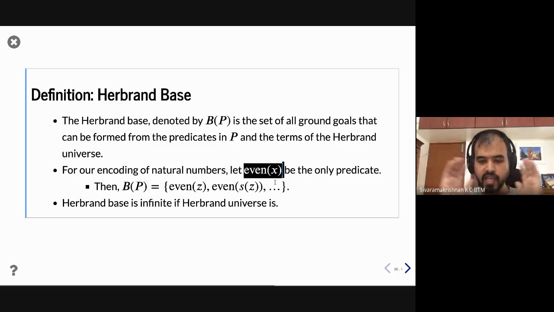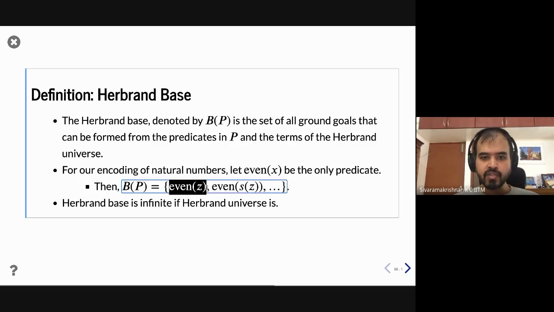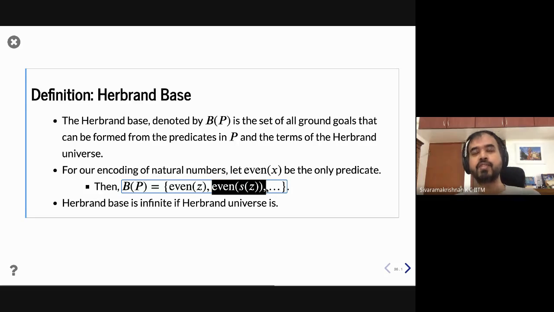If that is the only predicate, and given that we have the constant z and the function s of z, the Herbrand base of this logic program will contain even of z, even of s of z, even of s of s of z, and so on. So this is all the things that you can construct using the predicates, the constants and functions.